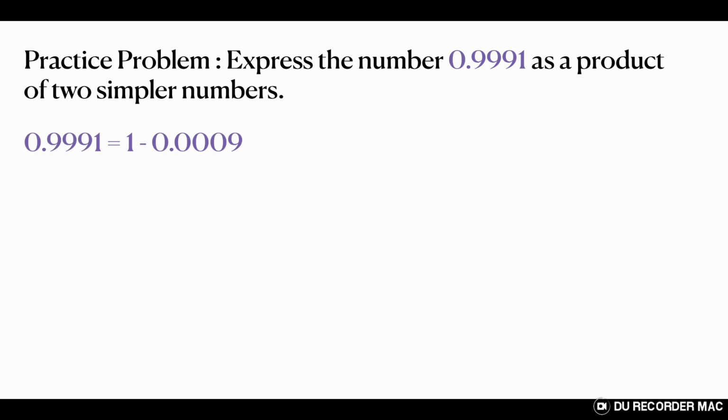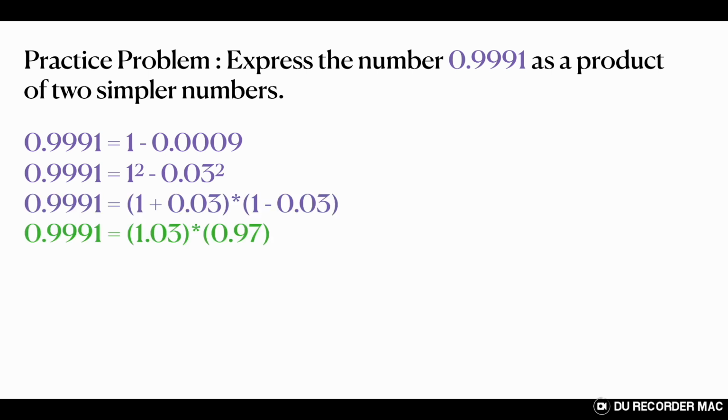If you notice, 1 is the square of 1 and 0.0009 is the square of 0.03. So we can write this in the form 1 square minus 0.03 square. And by applying a square minus b square, we can write (1 plus 0.03) into (1 minus 0.03), which can then be converted into 1.03 into 0.97, which makes our question much simpler.